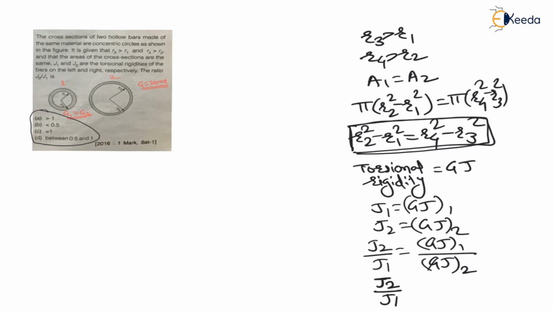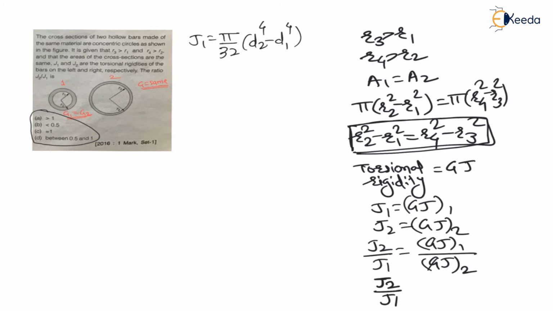Now can you say the polar moment of inertia J1 will be equal to pi by 32 (d2 power 4 minus d1 power 4) in terms of diameter. Let us write this formula in terms of radius.